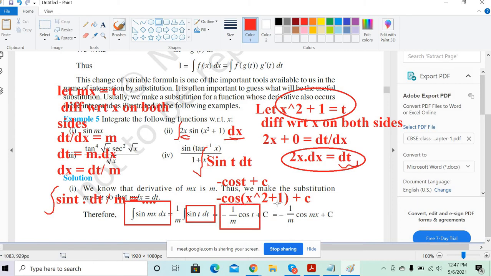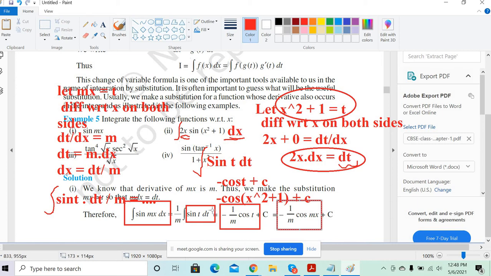What did we assume t to be earlier? It was mx. So put mx here. Okay. Anything which is not clear to you in this part? No, sir. Clear. Clear? Excellent.